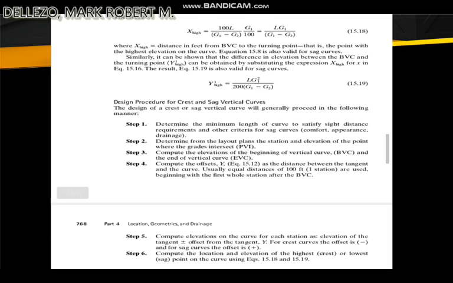Compute the location and elevation of the highest crest or lowest sag point of the curve using equations 15.18 and 15.19. So we go to equations 15.18 and 15.19 in this chapter.